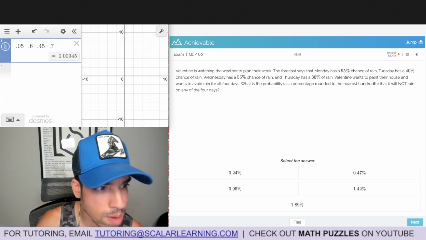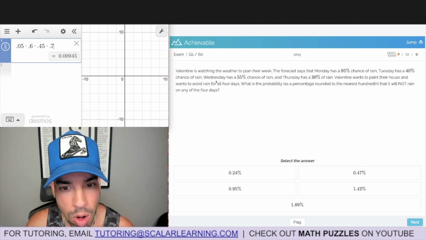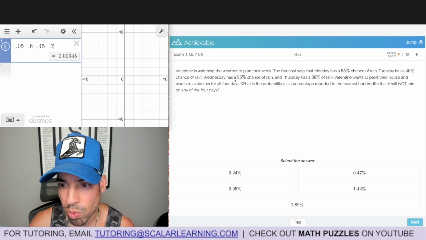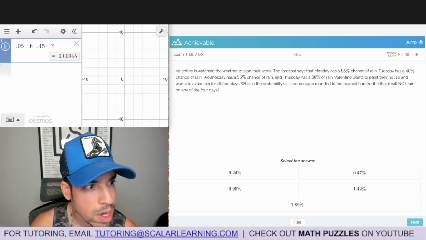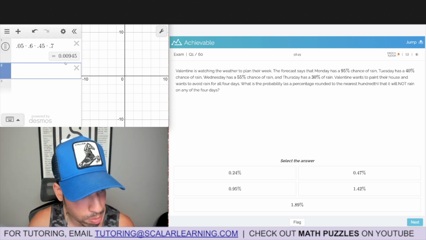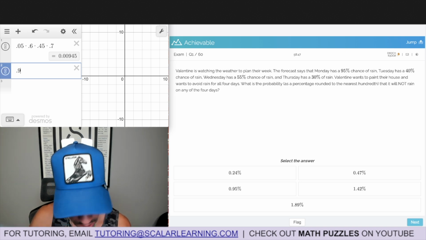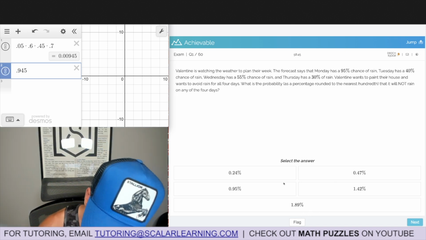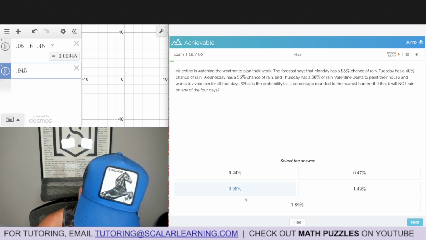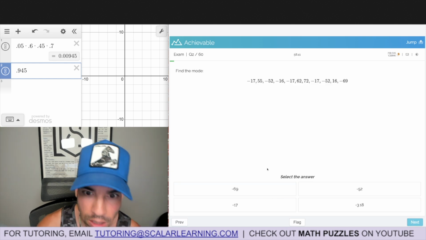So the joint probability is all of those probabilities that it won't rain multiplied against each other, okay? So this is the probability, but then as a percentage, it would be 0.945%, which is approximately 0.95%, which is this option, and done. Moving on. That was pretty tough.